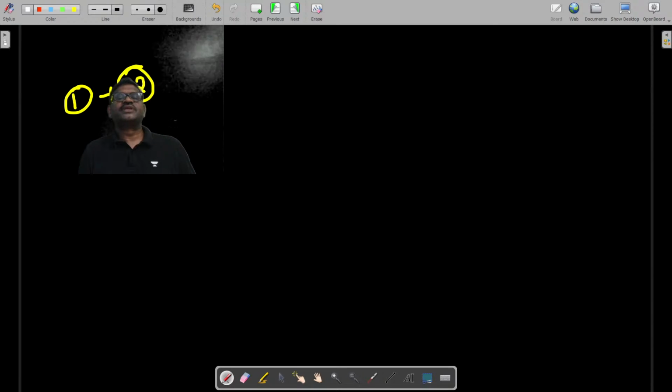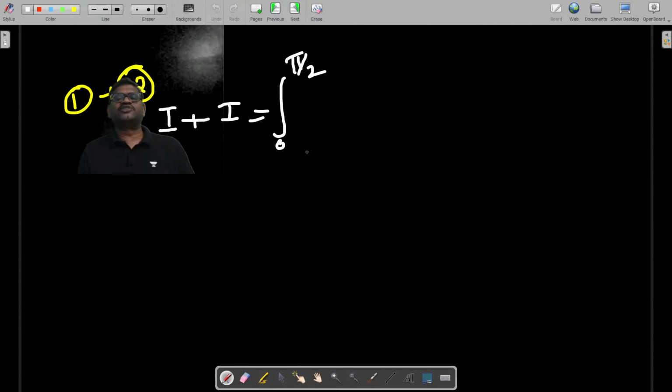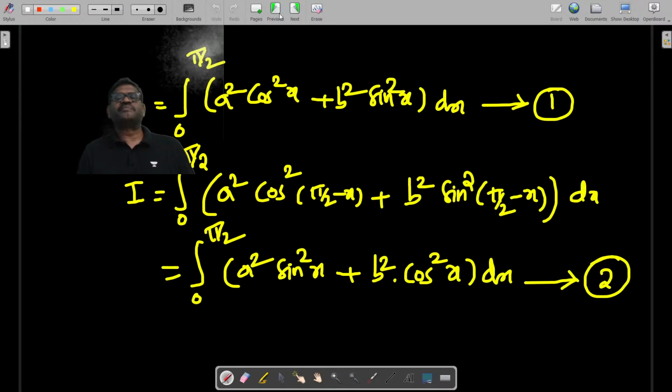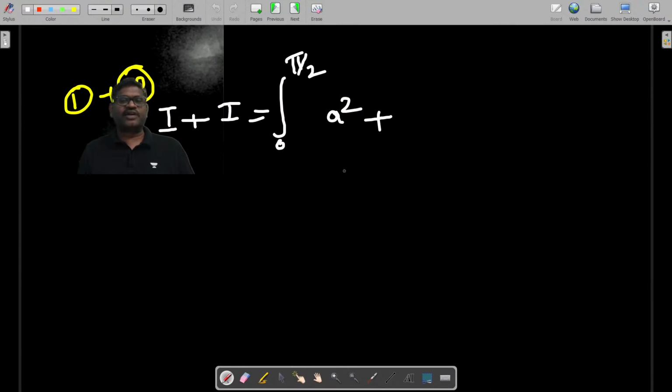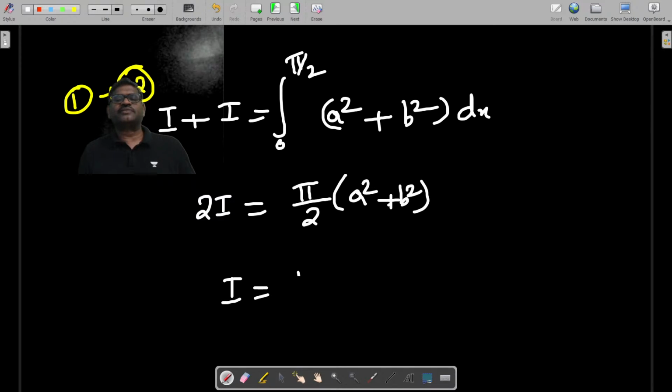Now by adding 1 and 2, we get I plus I equals integral 0 to pi by 2 of a square cos square x plus a square sin square x, plus b square sin square x plus b square cos square x, b square dx. 2I is pi by 2 of a square plus b square.